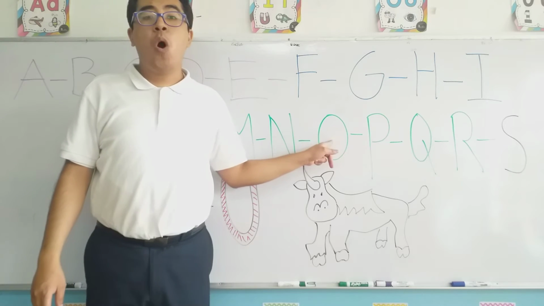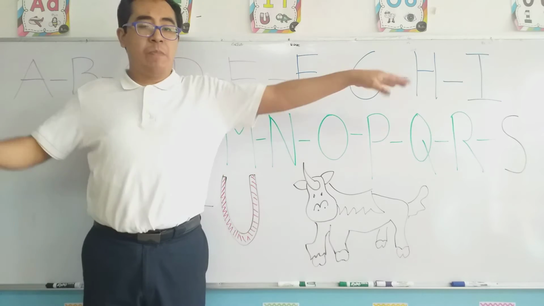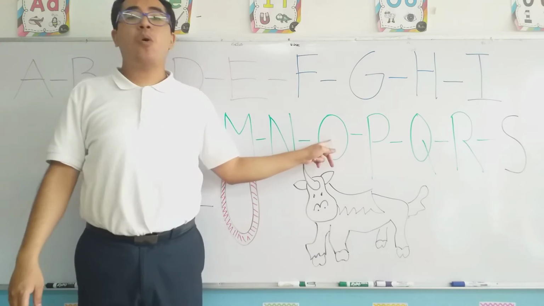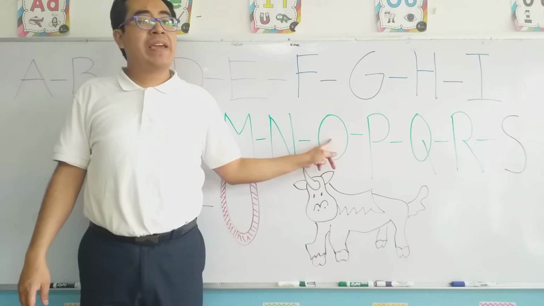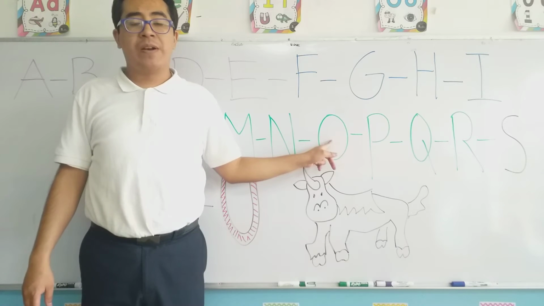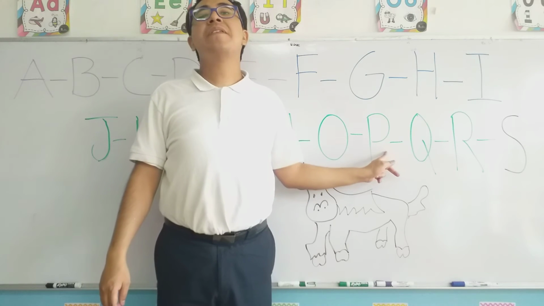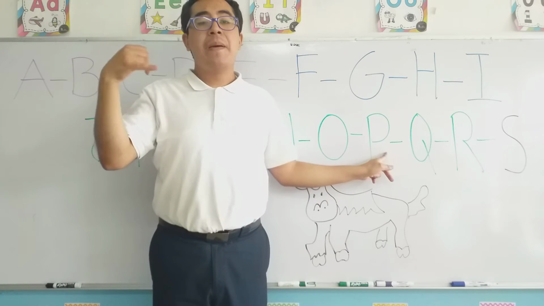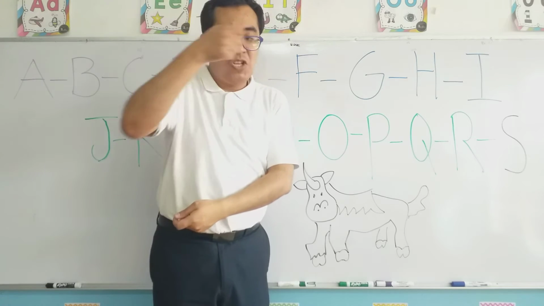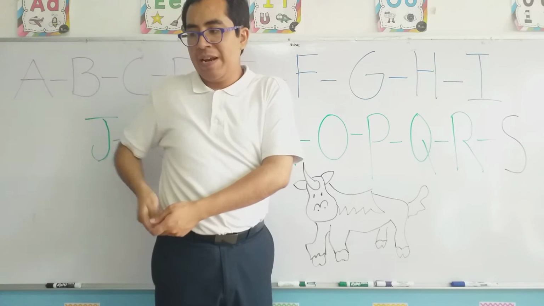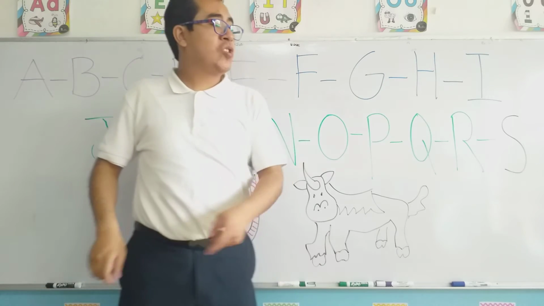For capital O, we had octopus. Remember, the animal of the sea. We had orange. And we had onion, that is part of vegetables. For capital P, we had pencil, postman, the person that delivers letters. La persona que entrega las cartas, that is the postman.